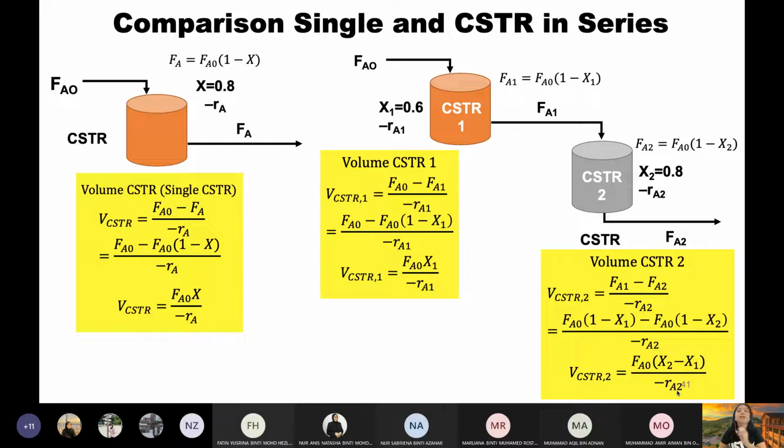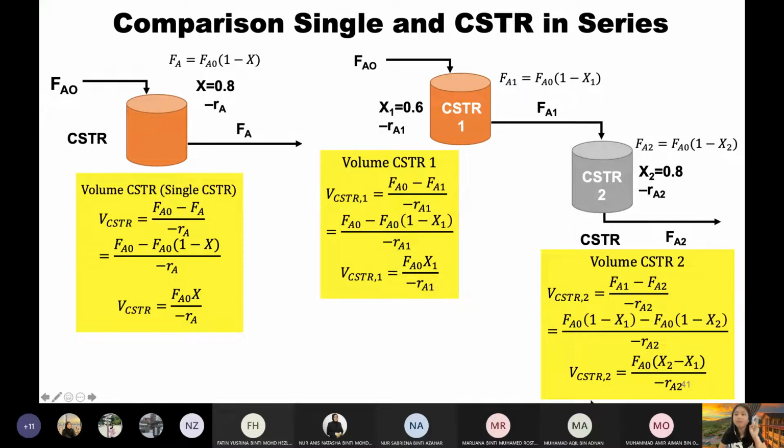Okay. Now, katakanlah we want to design, we have the third reactor. Katakan kita sambung kepada reaktor ketiga, what will be the volume? Jadi basically kamu dah boleh agak. Okay, kalau volume reaktor kedua, FA0 in bracket X2 minus X1 per minus RA2.